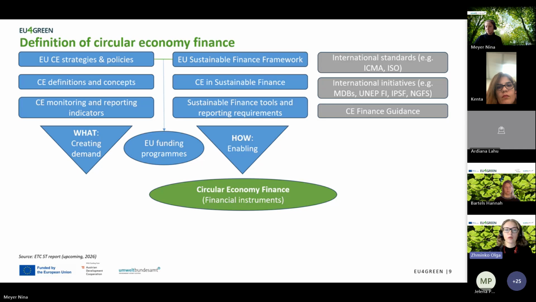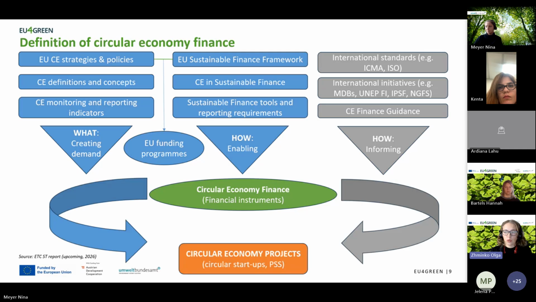So this is answering the question how, it's informing. All these three pillars add up to financing circular economy projects, and in this way they are creating the supply.